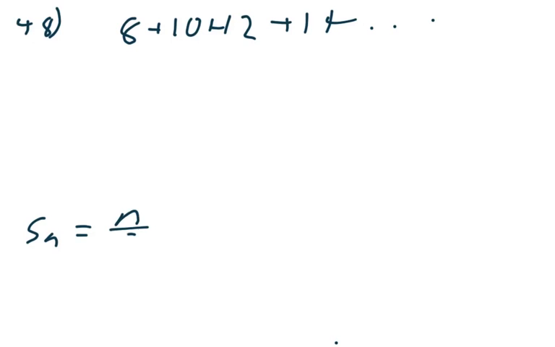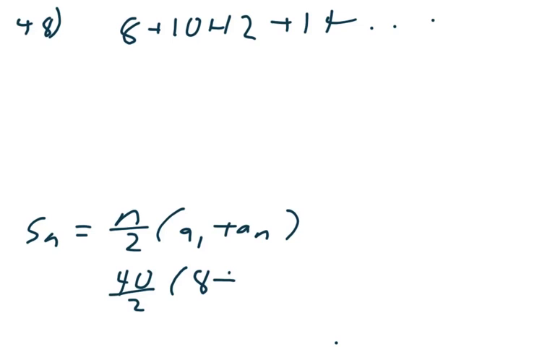For problem number 48, I have 8 plus 10 plus 12. Yeah, we're adding because it says sum. And we want 40 terms. Well, the formula is n divided by 2, a sub 1 plus a sub n. And we have the 40 divided by 2. We know 8 is the first number, but we do not know the last number. So we have to go back to our first formula.